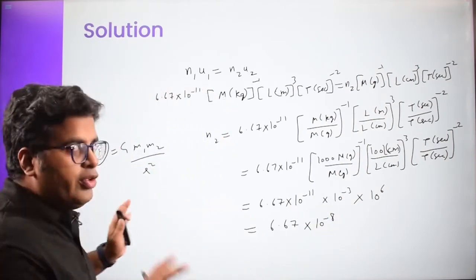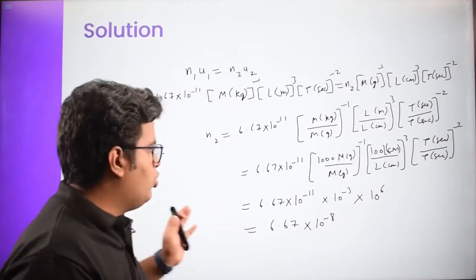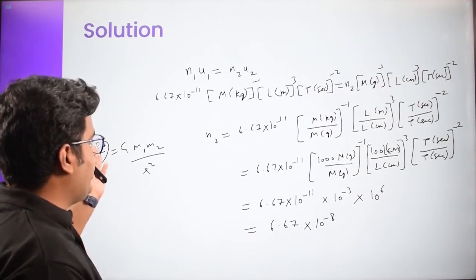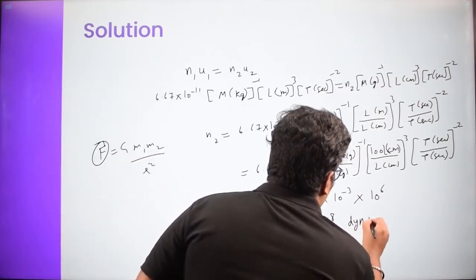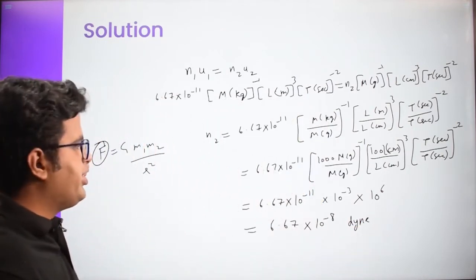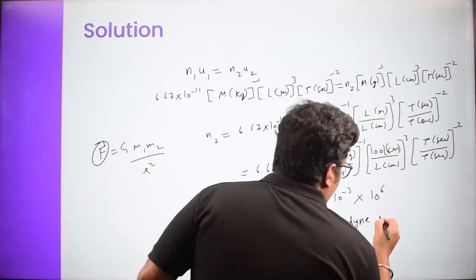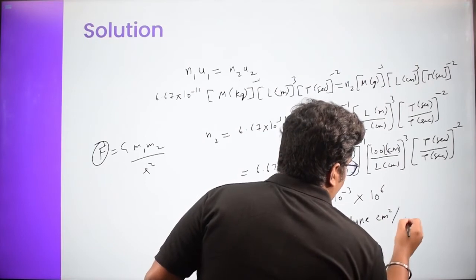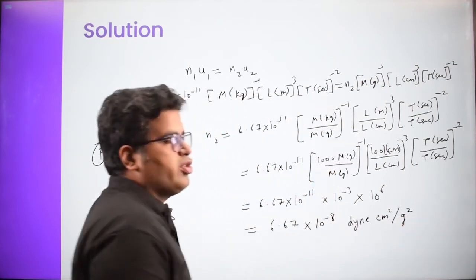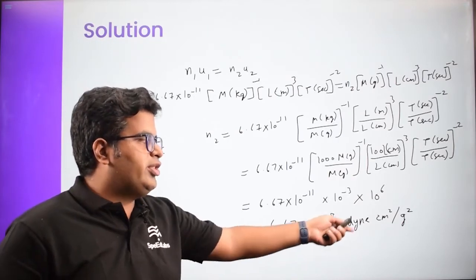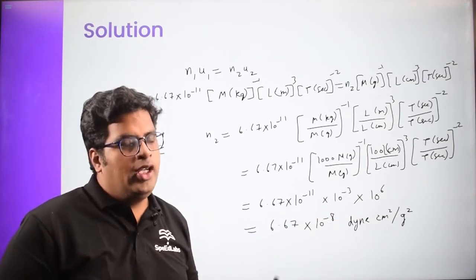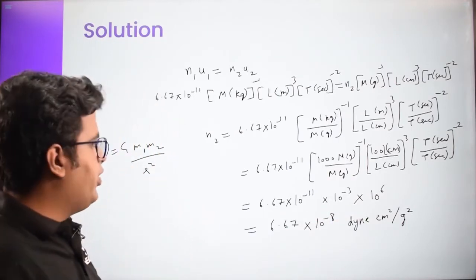So basically 1 Newton is equal to 10 to the power 5 dyne. So we'll use over here dyne, unit will be dyne. Now the distance is in centimeters, so this will be centimeter square, right? And per gram square, because mass in this case will be gram. So that's the value in the CGS system, and that is going to be its unit. I hope you understood. Let's move further.